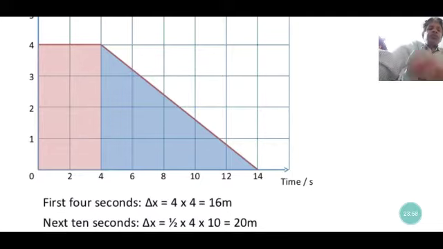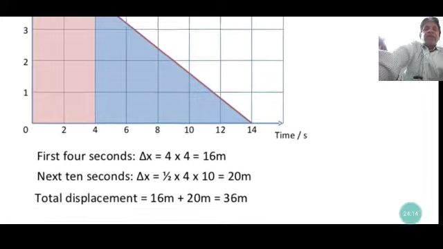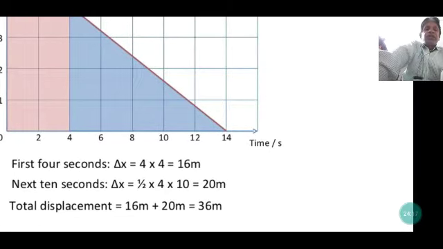Now, half into the area of triangle, half into 4, the initial velocity, and here time is 10, that will be 20 meter. The total displacement travelled is 16 meter and 20 meter, 36 meter.